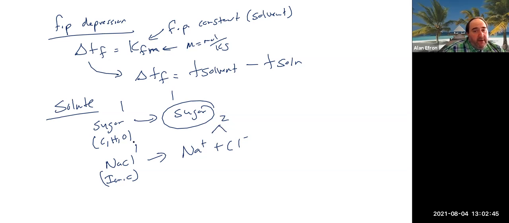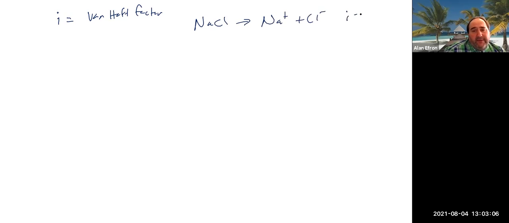Since colligative properties are based off of how many particles are present, you do have to adjust when your solute is ionic, and you need to use i, which is the van't Hoff factor. It is determined by the formula and how it breaks apart. So i would equal 2 in this case, and for barium plus a couple chlorides, i would equal 3.